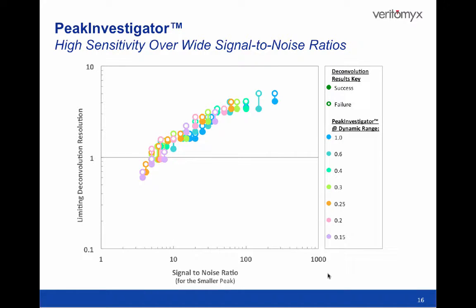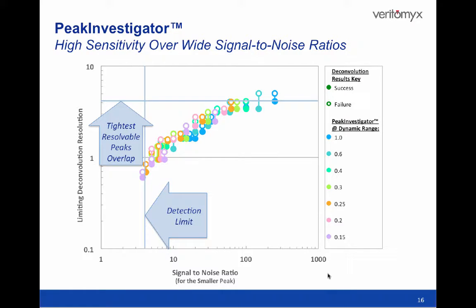Here we examine PeakInvestigator's ability to detect and deconvolve overlapping peaks at different peak abundances relative to the background noise in the spectrum. At its upper limit, we see that PeakInvestigator can detect and deconvolve peak pairs at deconvolution resolutions as high as 4, with peaks so tightly overlapped that they provide no visual cue that a pair might be hiding there.